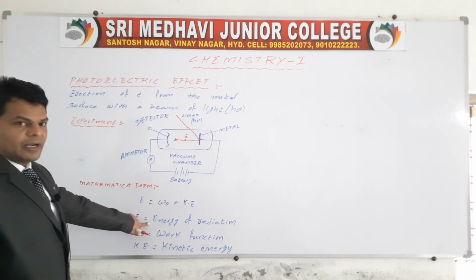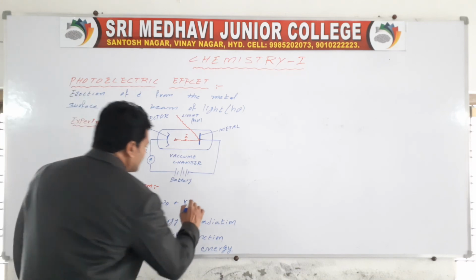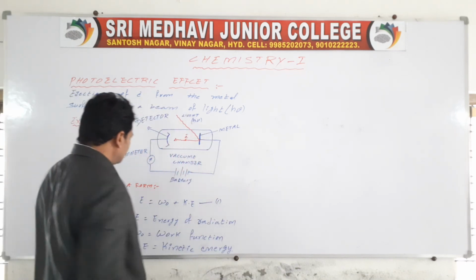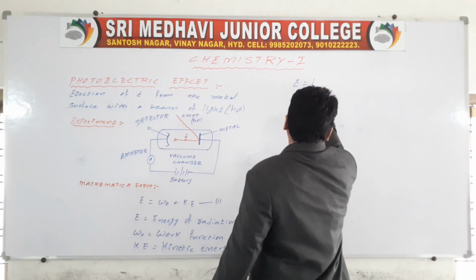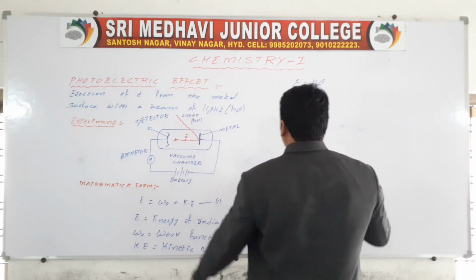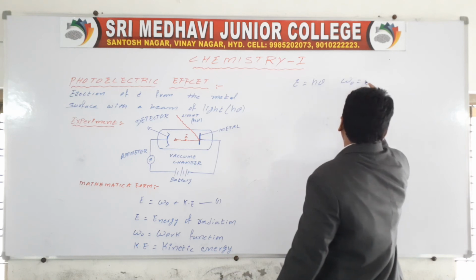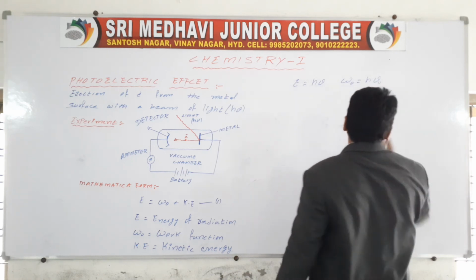This is equation number 1: E equals W naught plus Ke. Now E equals h nu, and W naught equals h nu naught.